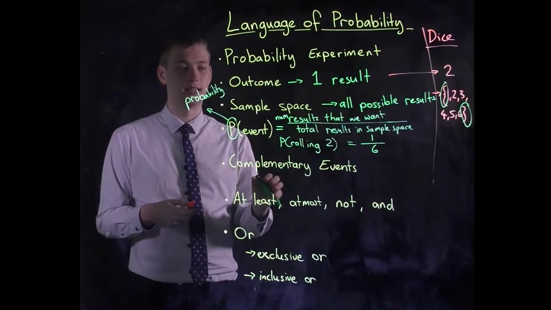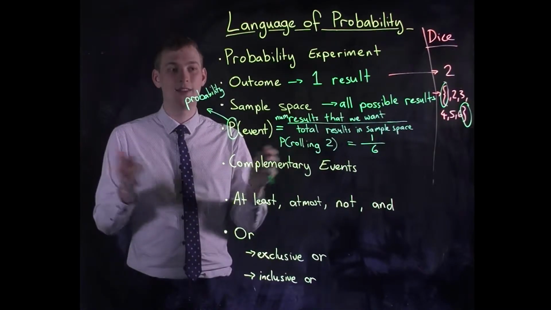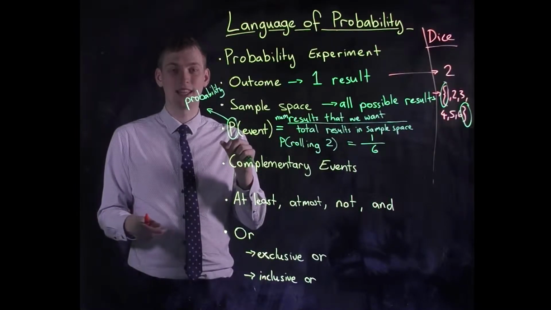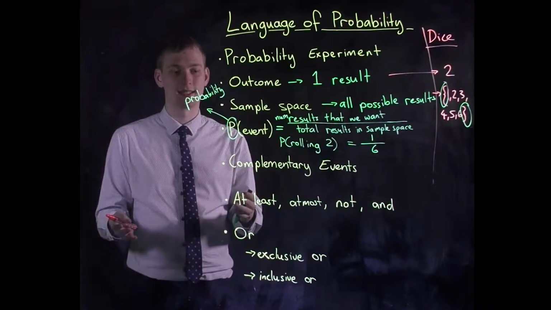Now, complementary events is perhaps a new term. These are events that, if we add them together, we get the whole sample space. So something like rolling a 6 would then be the complementary event of not rolling a 6.